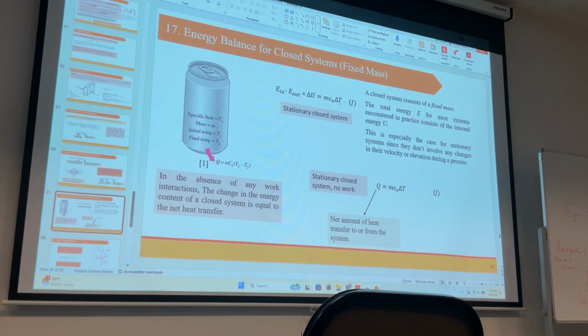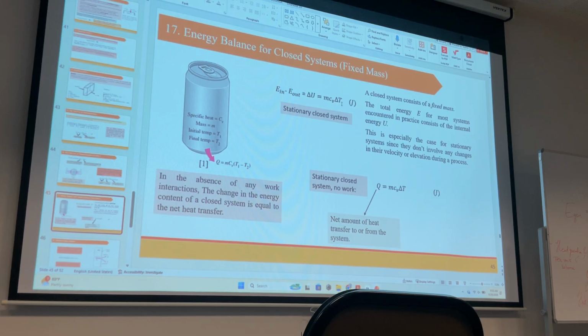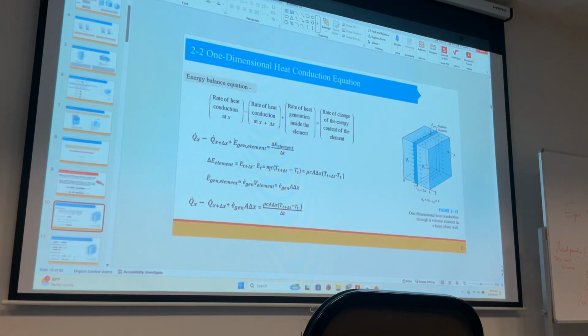So we are writing that here: m c T, mass, specific heat, capital T is the temperature, at t plus del t time minus t. T plus del t is the leaving time.